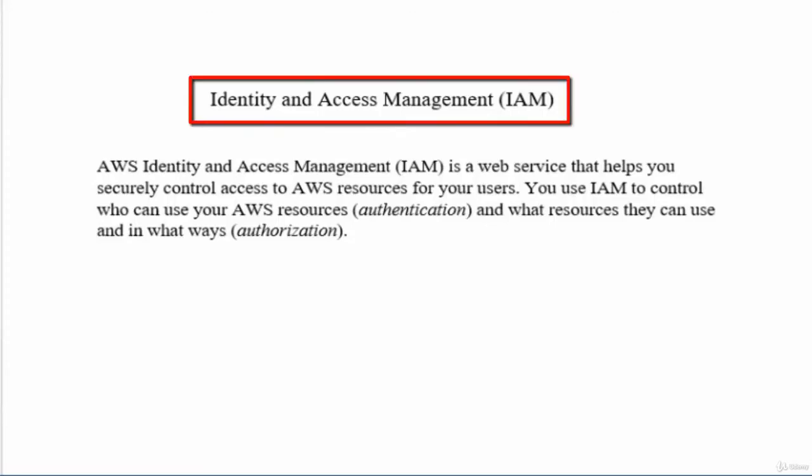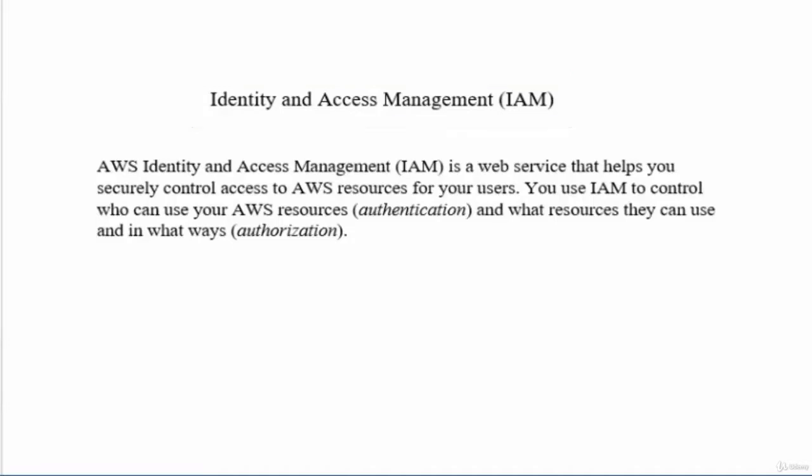In this video, we will discuss the Identity and Access Management service of AWS. AWS Identity and Access Management is a web service that enables AWS customers to manage users and user permissions in AWS.